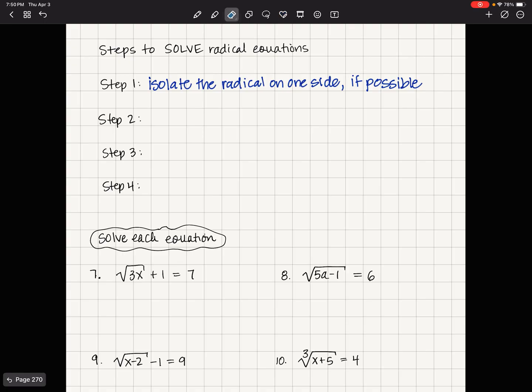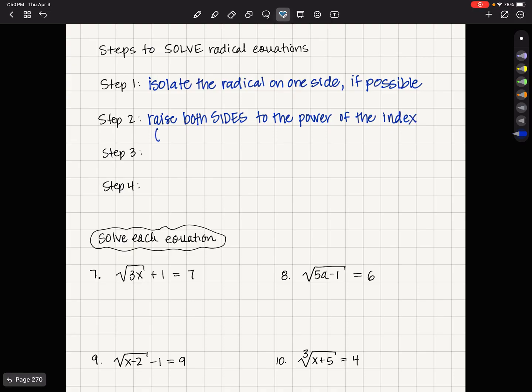Then we are going to, in step 2, raise both sides of the equation, not terms, but sides of the equation. So both sides, I'm going to capitalize that, to the power of the index.